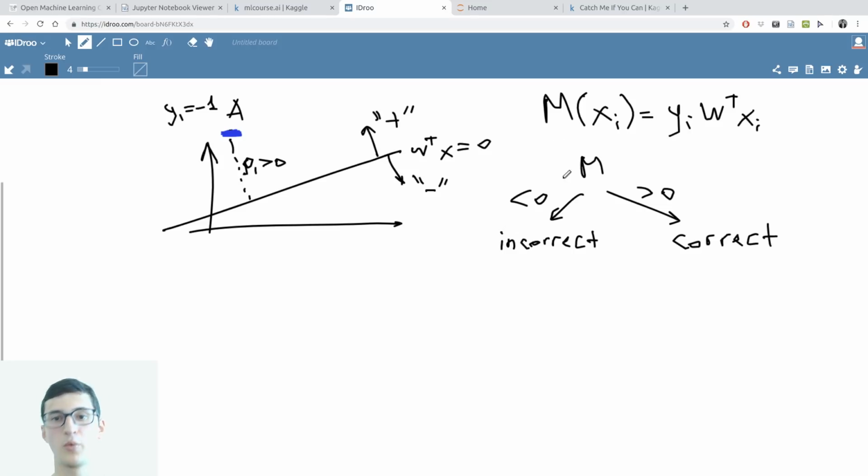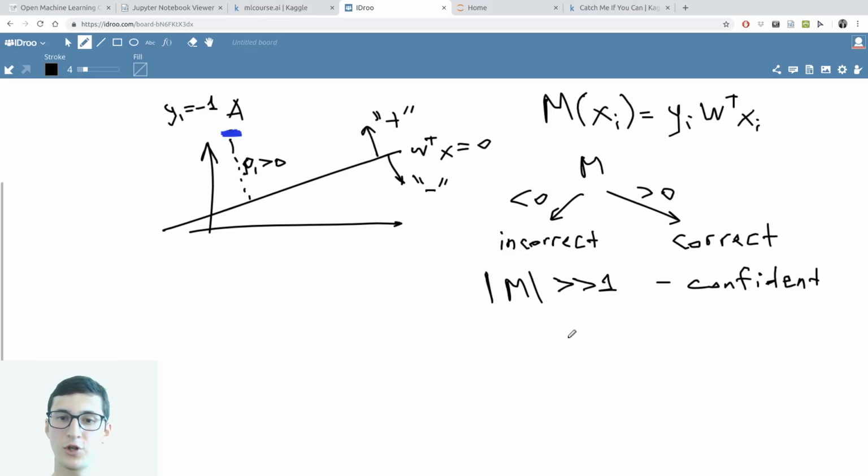And here we dealt only with the sign of this expression, but actually its absolute value characterizes the confidence in prediction. So if the absolute value of this margin is, I would say, much bigger than 1, then the model is confident in its predictions. And if the absolute value of margin is, let's say, much less than 1, then it's non-confident.